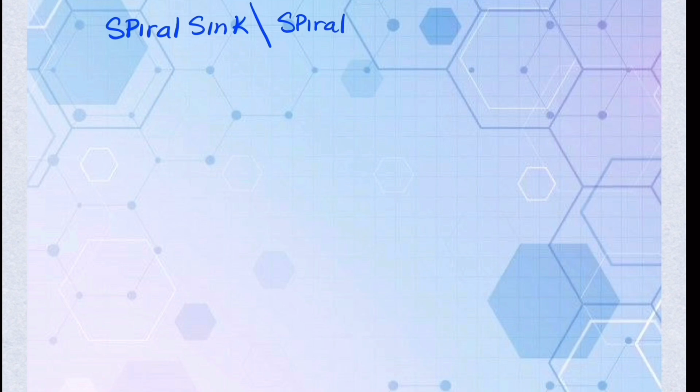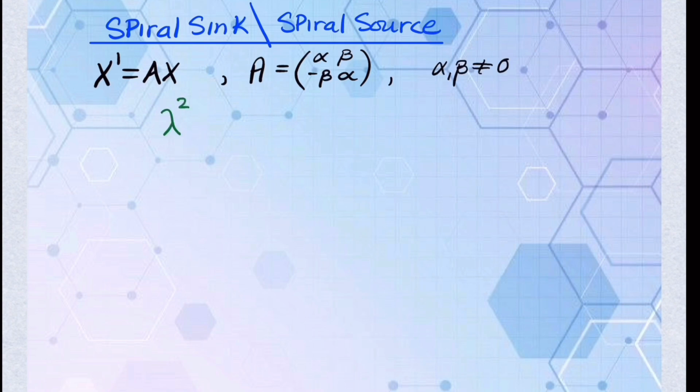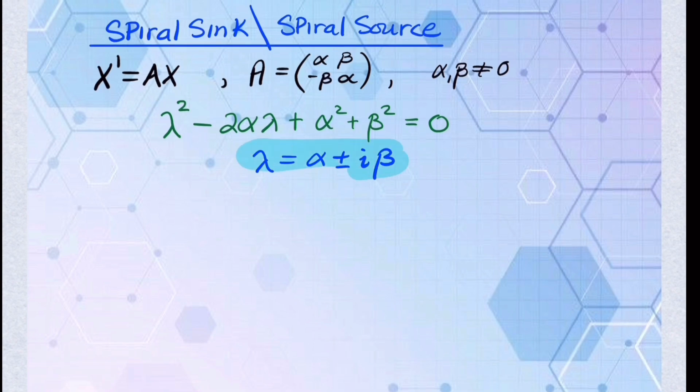Now next we're going to consider what it looks like for a phase portrait that's called either a spiral sink or a spiral source. And this starts off with a matrix of the form alpha, beta, negative beta, alpha, where alpha and beta are both non-zero. The characteristic polynomial equation yields the eigenvalues alpha plus or minus i beta.